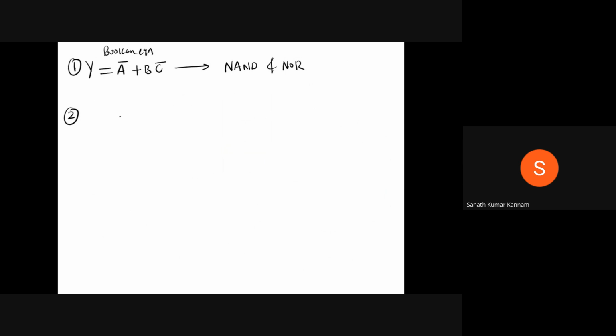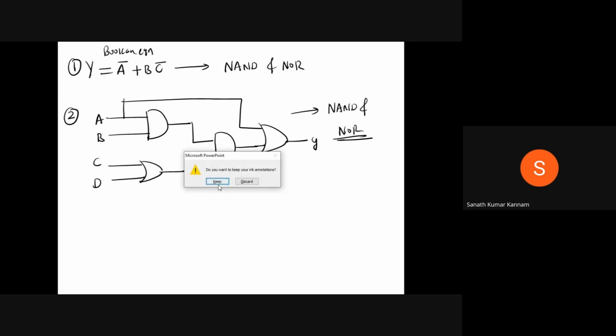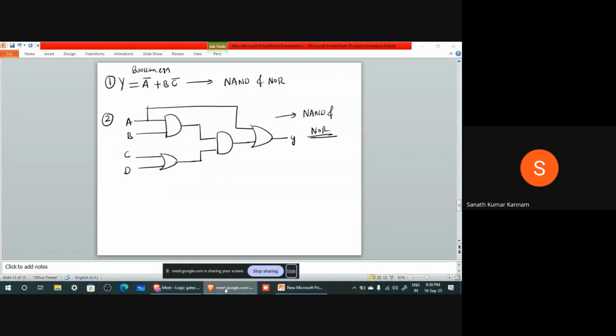Let us take this logic diagram with inputs A, B, C, D and output Y. Implement this circuit also by using only NAND gates and NOR gates. Whatever logic gates are there are implemented by using NAND gates and NOR gates.